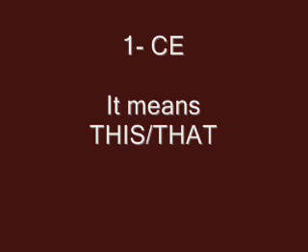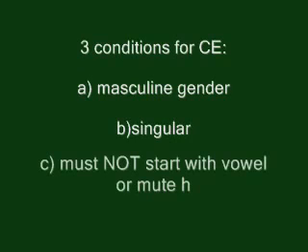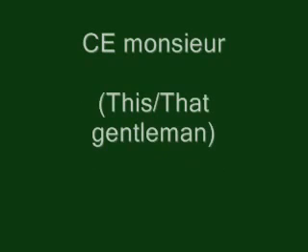So in order to use ce before the noun that you wish to indicate, this noun needs to satisfy 3 conditions. First, it should be masculine. Second, it should be singular. And third, it shouldn't start with a vowel or a silent H. For example, ce monsieur, this gentleman or that gentleman.